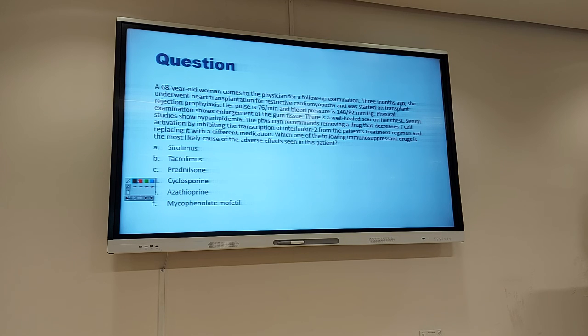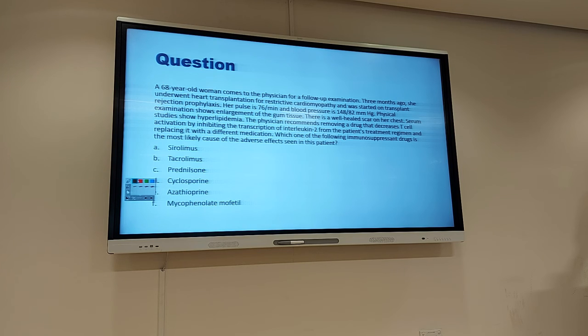Physical examination shows enlargement of the gum tissues. There is a well-healed scar on her chest. Serum studies show hyperlipidemia. The physician recommends removing a drug that decreases T-cell activation by inhibiting the transcription of interleukin-2 from the patient's treatment regimen and replacing it with a different medication. Which one of the following immunosuppressants is most likely to cause the adverse effects seen in this patient?